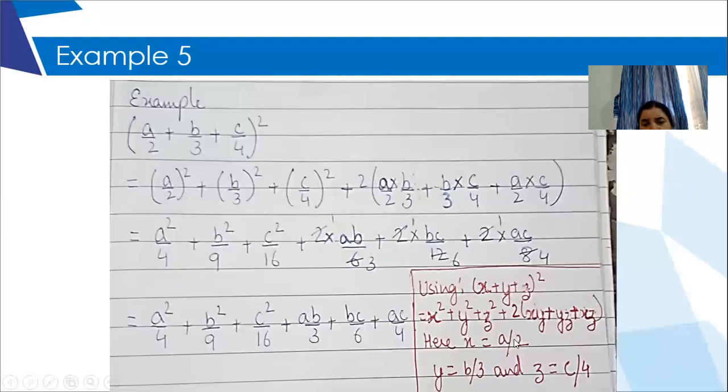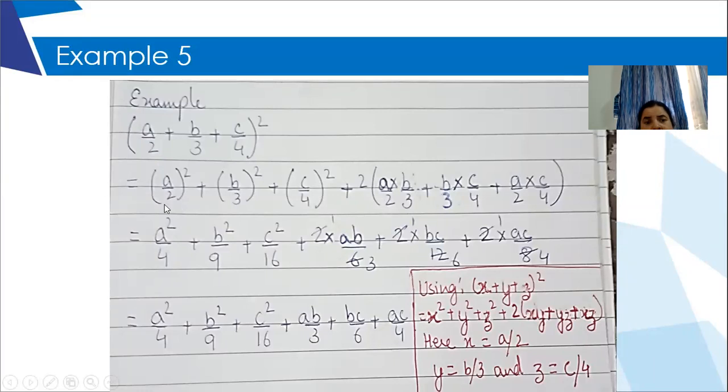So x is a by 2 and y is b by 3, so I have multiplied both of them, a by 2 into b by 3. Next term is yz. So y is b by 3, z is c by 4, so again I have multiplied them, and in between I have put a plus sign. And plus last is x into z. So x is a by 2 and z is c by 4.